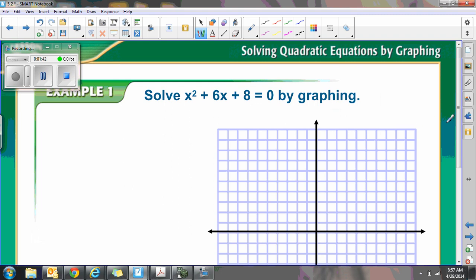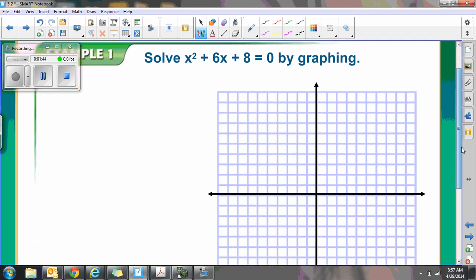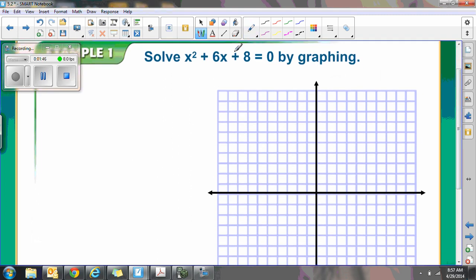So let's dive right in. Solve x squared plus 6x plus 8 equals 0 by graphing. Let's switch it up to some purple here. If I use what I did last class, same basic properties, same basic ideas, the first thing I want to find is the y-intercept, which occurs when x is 0. By plugging in 0 for x, we get y equal to 8.